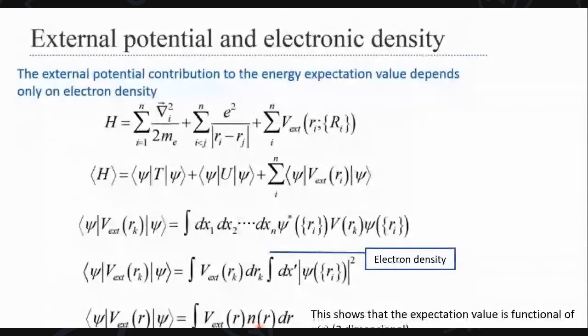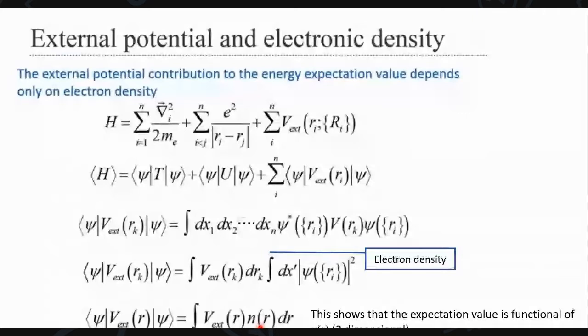From this equation, we can say that the expectation value of the functional of the wave function is a functional of the electron density. And that's what Hohenberg and Kohn said, that we can get as much information from the wave function by the ground state electron density.